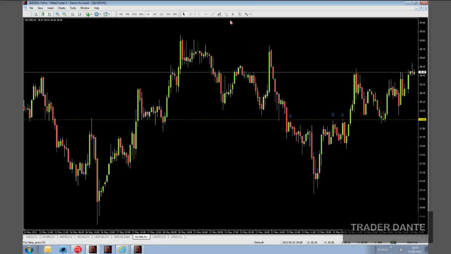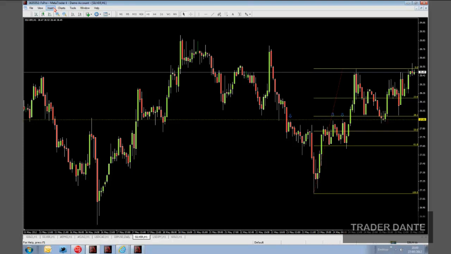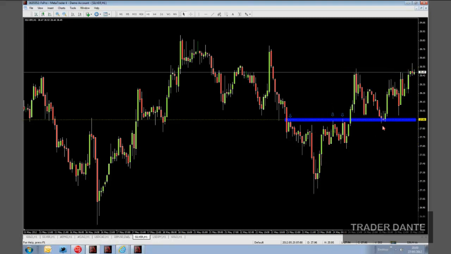So I would immediately start looking for confluence. Put in a fib from the swing low to swing high. What you can see is you've got the 38% right there, right in that area. Now, we don't even need to put on the ATR or look for a daily bias, because we only need one factor of confluence to take the trade.